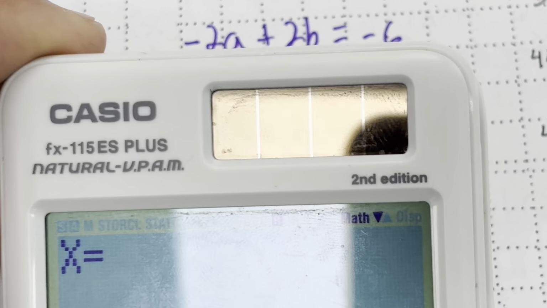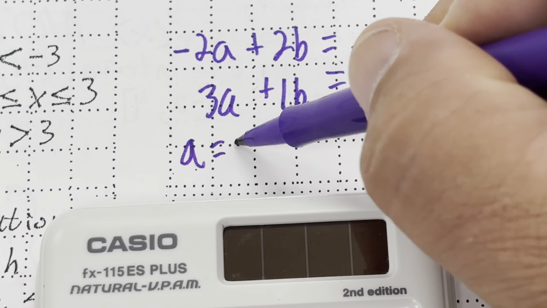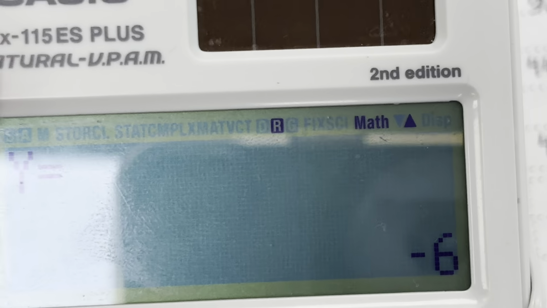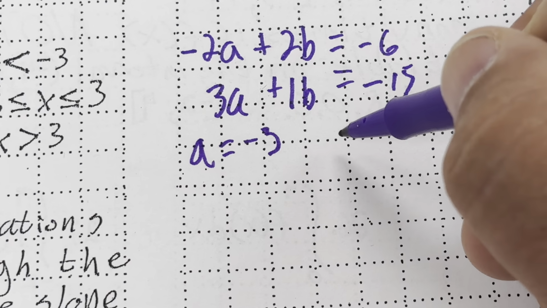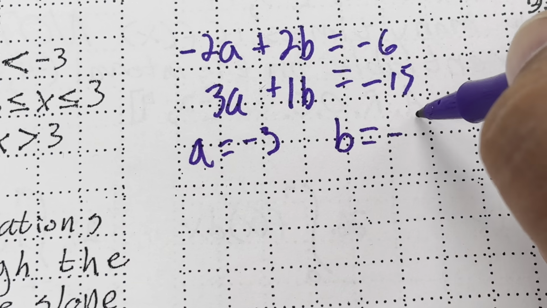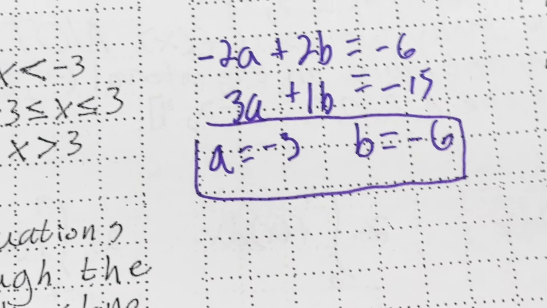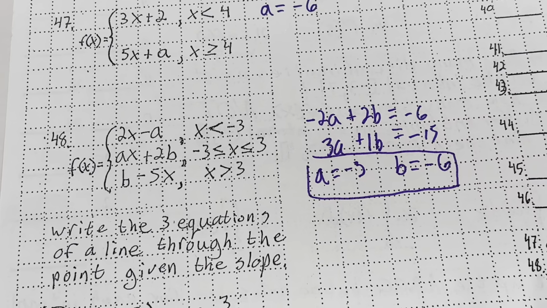So the x value is negative 3, but in this case, that would be a equals negative 3. The y value equals negative 6. In this case, that would be b equals negative 6. So those are the 2 values that make this weird piecewise function continuous.